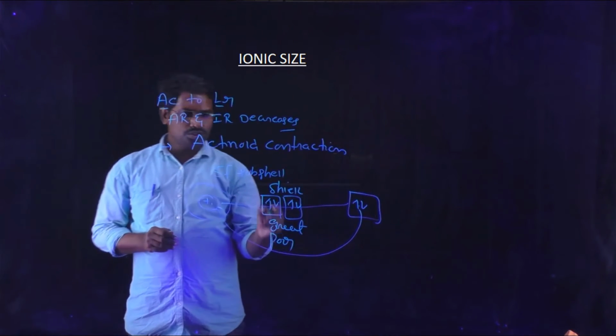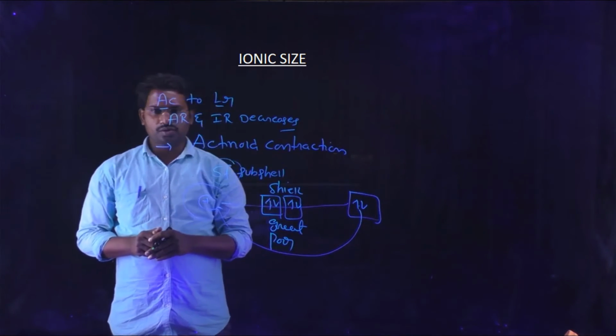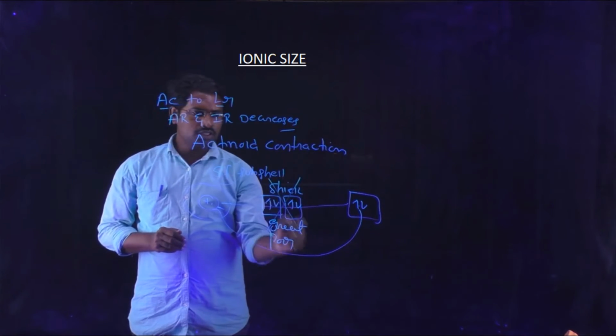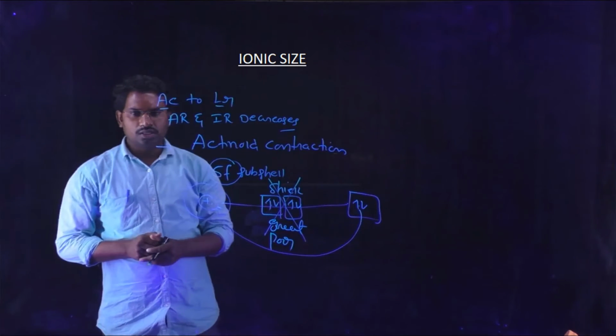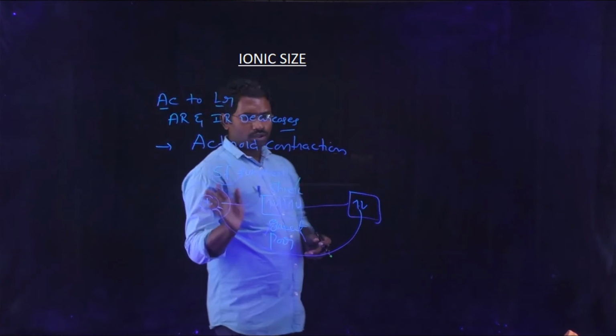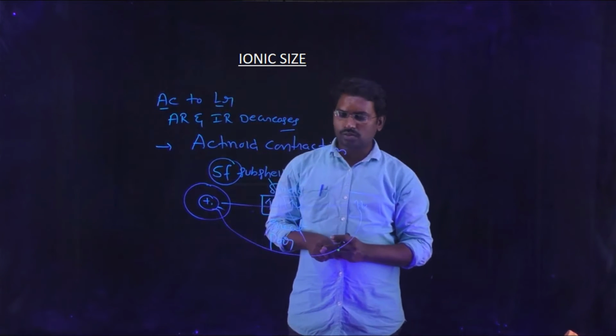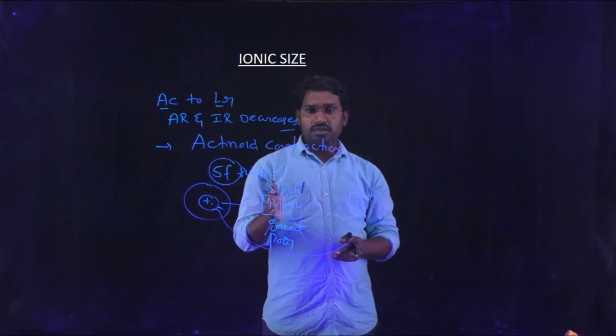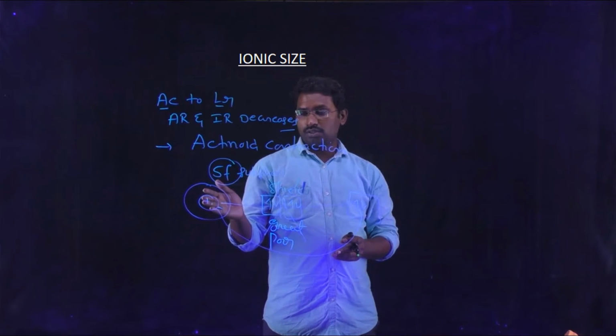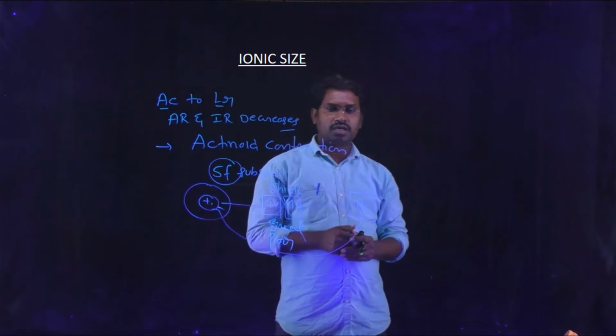Due to the poor shielding effect of the 5f subshell in actinoids, the inner shells do not show any influence on the attractive forces between the nucleus and the valence shell electrons.